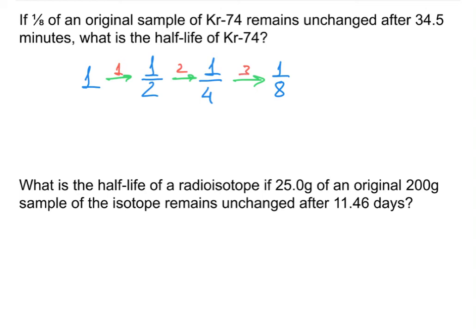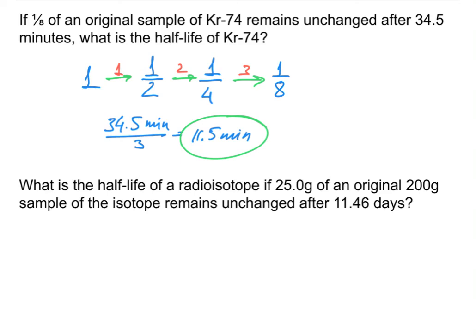So now we know that 34.5 minutes include 3 half-lives. To figure out the length of 1 half-life, we take 34.5 divided by 3. It is 11.5 minutes. So the half-life of krypton-74 is 11.5 minutes.